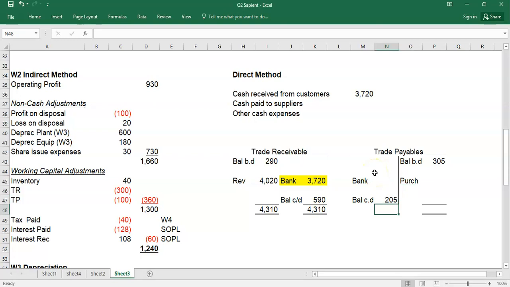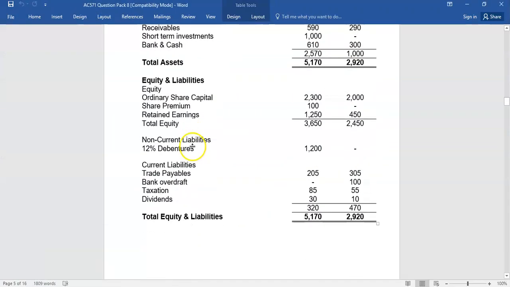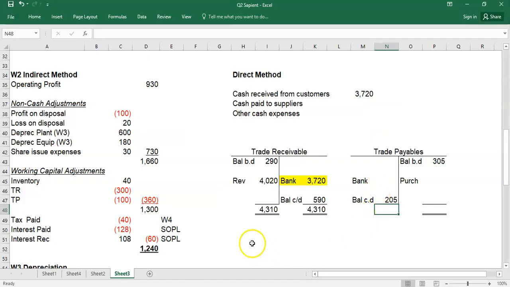There's two things that can move your trade payables: the purchases you make during the year and the money paid to suppliers at the year. So what we're trying to go back and look at now is we're trying to see how can I get purchases. You'll be incorrect if you take cost of sales directly, because that's not really what purchases is. Think about cost of sales.